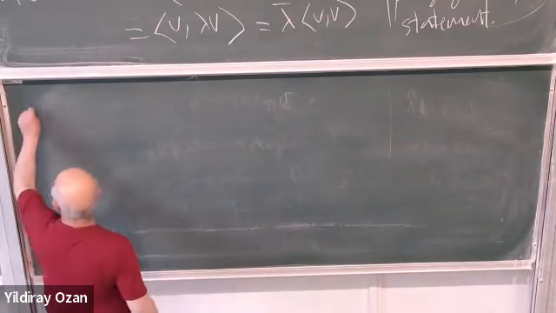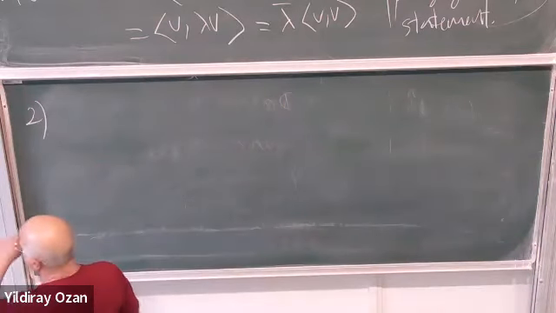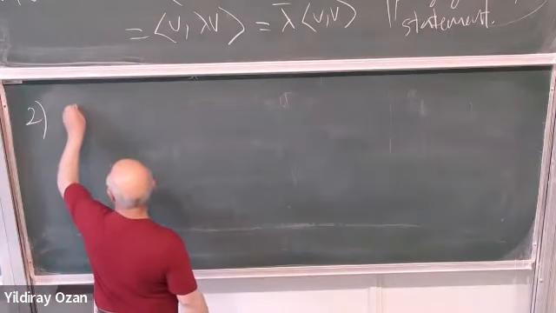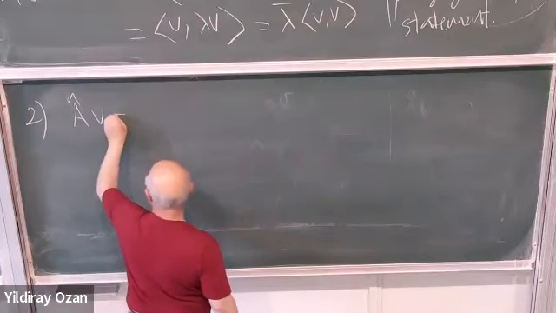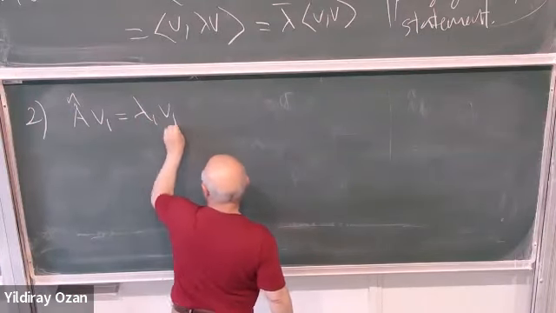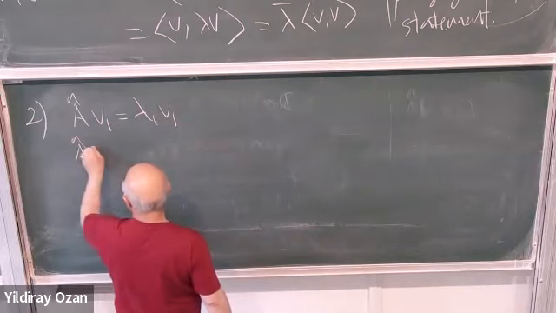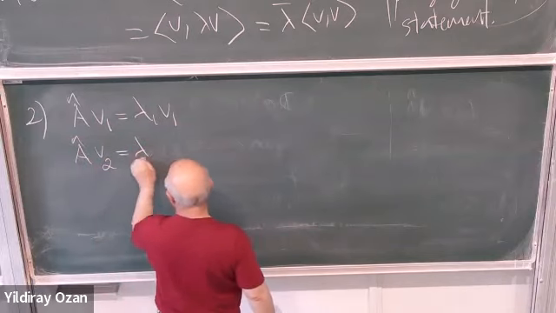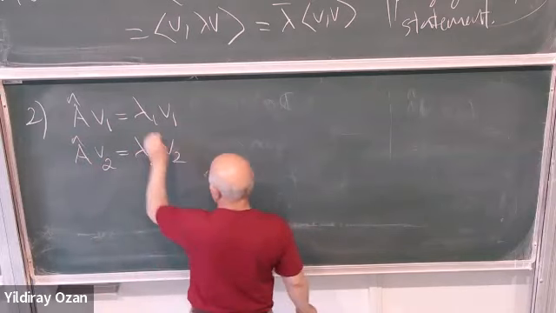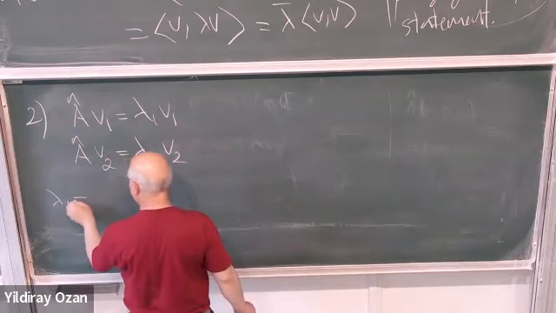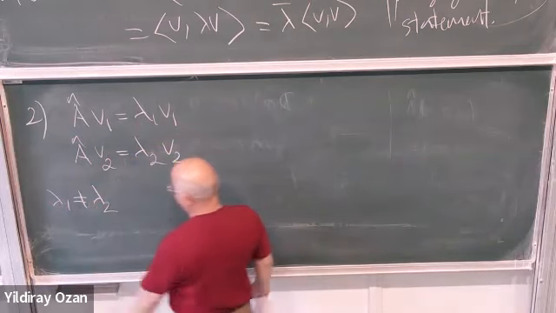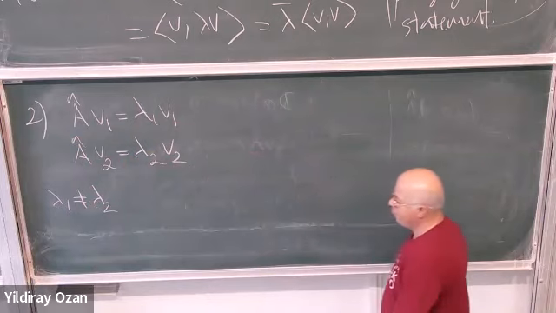Now, what was the second statement? I have two eigenvectors, V1 and V2, and you know that these are different.